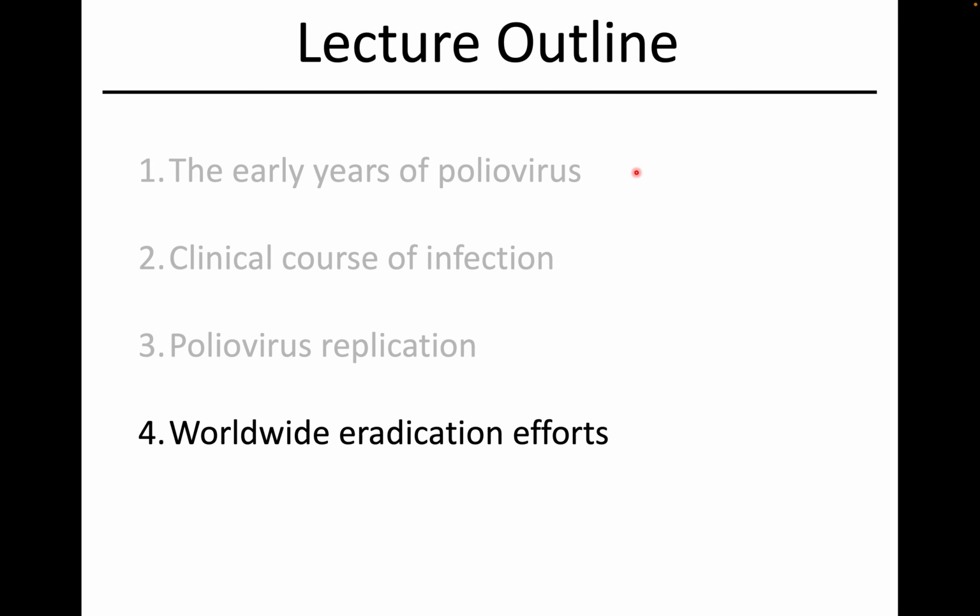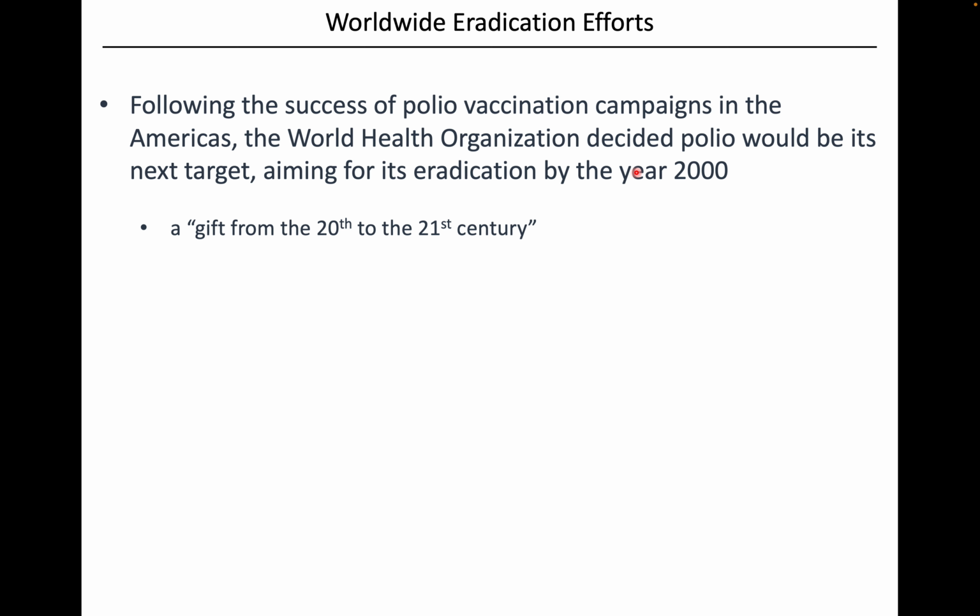And it's definitely worth talking for a few minutes about some of the eradication efforts, because this has been really a heroic effort to try to eliminate polio. We haven't quite gotten there, but we're pretty darn close. As we'll see, this was initially a project that was started in the late 80s, and the initial goal was to try to eradicate polio by the year 2000, calling it a gift from the 20th century to the 21st century.